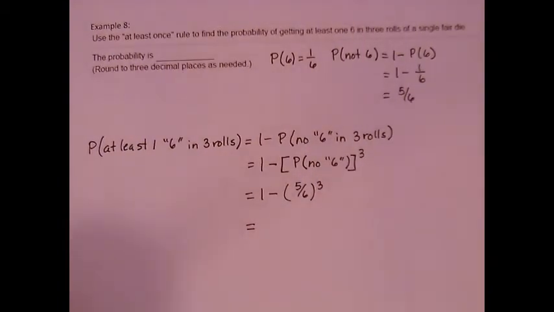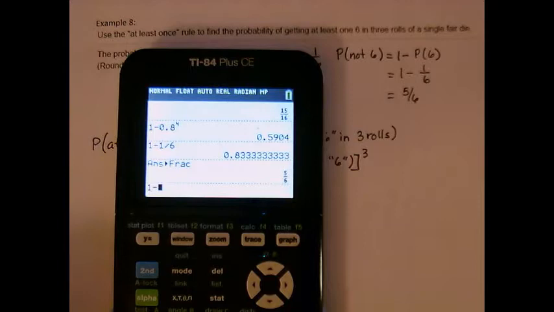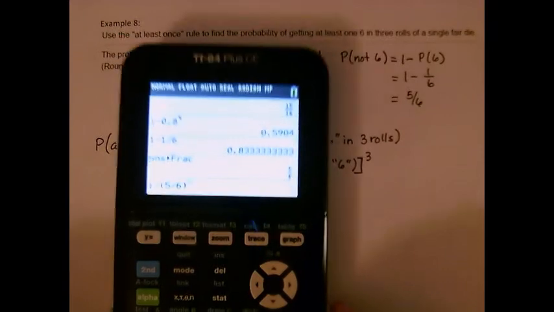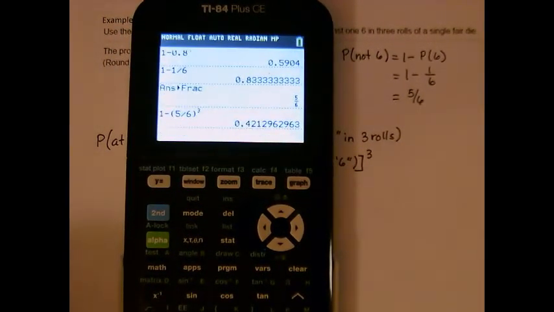Now in that problem, we're going to round to 3 decimal places as needed in this case. So here's how we enter that in. 1 minus, now I'm going to put my left parentheses here, 5 divided by 6, close parentheses. This has to be raised to the 3rd power, so I'm going to hit that hat key for the exponent, and then 3. Then I can hit enter.